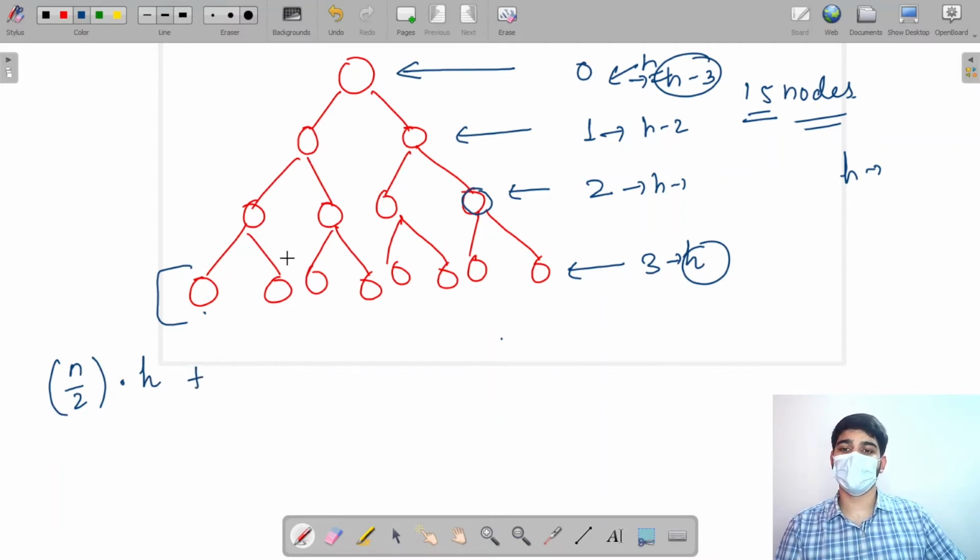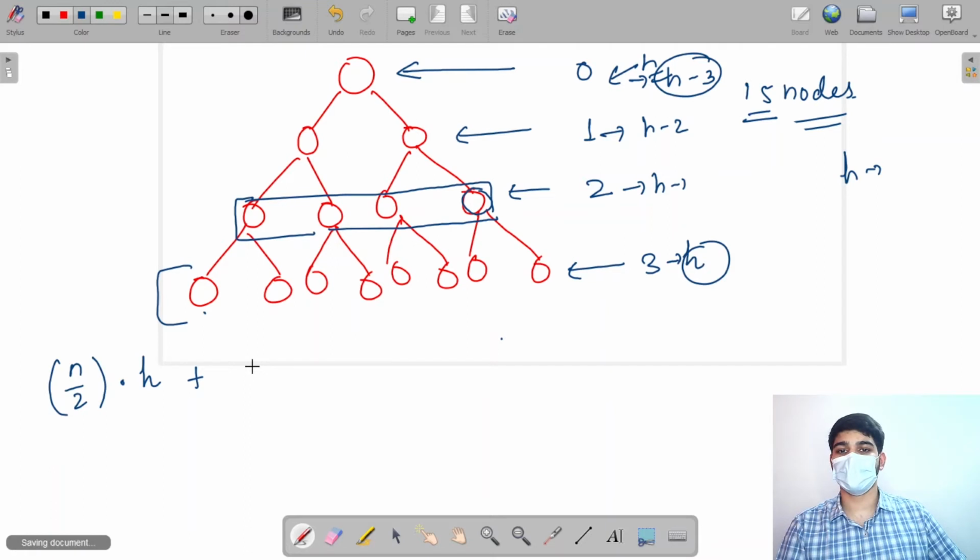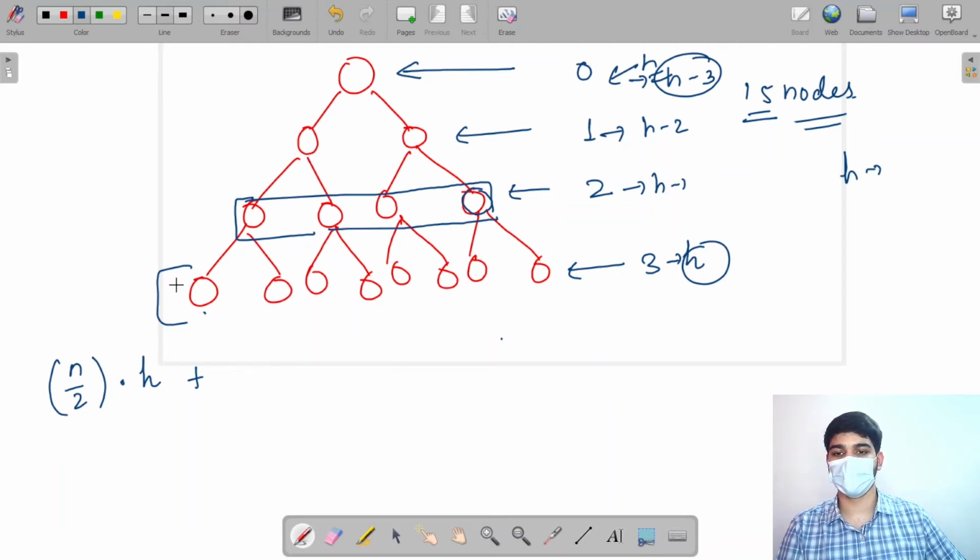Then for all the nodes that are on this level, right? How many nodes are there on this level? If we see, we have 8 nodes over here, and then we have 4 nodes over here, right? So the number of nodes would always be less than n by 2, which are actually n by 4. So we have n by 4 into h.